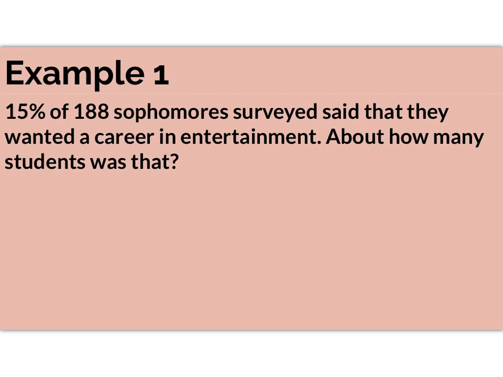Okay, 15% of sophomores surveyed said that they wanted a career in entertainment. How many was that? Well, this is just a straight 15% times 188. That is easy enough for us to calculate.